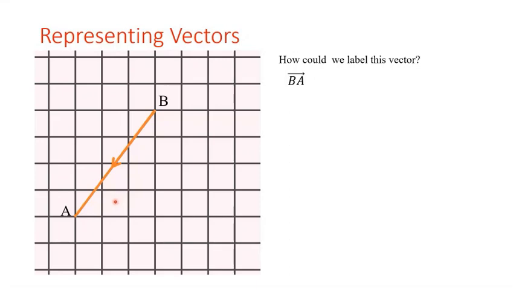So let us put our vector on a grid and let's put the X component and the Y component. Are we able to write this as a column vector? Our column vector would be -3, -4. And our vector is actually going opposite to the one that was just shown. So I have a -A there.